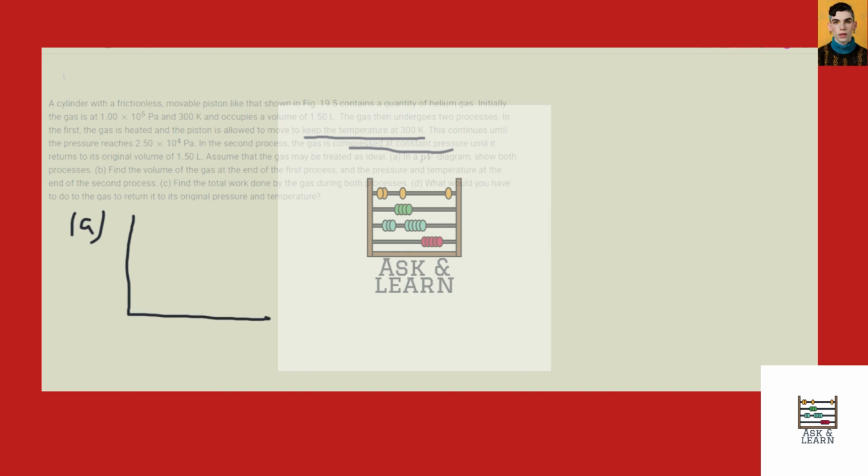As I mentioned, the first process is isothermal. This is the P axis, this is the V axis. Isothermal is basically just a curve. For the first process, we need to not forget the direction. The initial volume is 1.5 liters and the pressure is 10 to the 5th Pascal, and the final pressure is lower, so it points to the right.